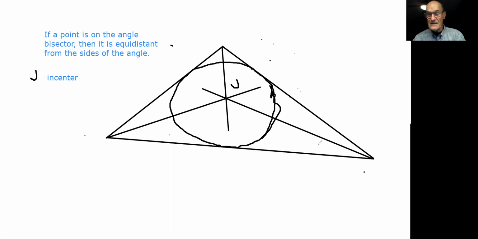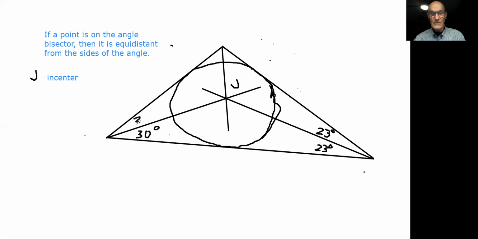So if I tell you that this is 23 degrees, then you know that this one here is also 23 degrees, because the incenter is formed by the bisecting of all the angles. And if this one over here is, let's say, 30 degrees, then the one above it is 30 degrees, right?